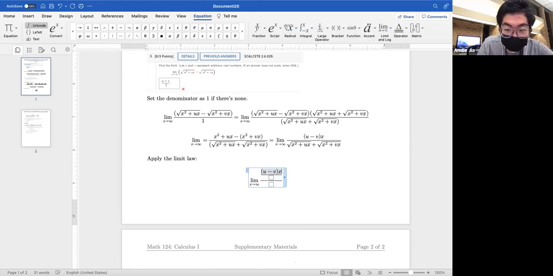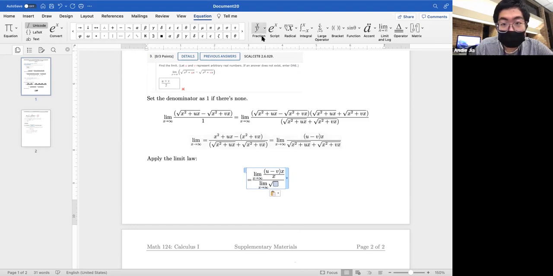Remember it's a radical, so it doesn't matter much. You can put them in the denominator.